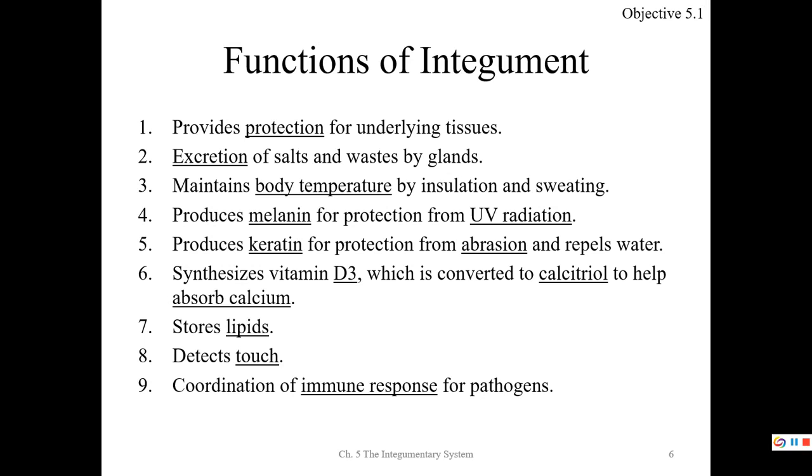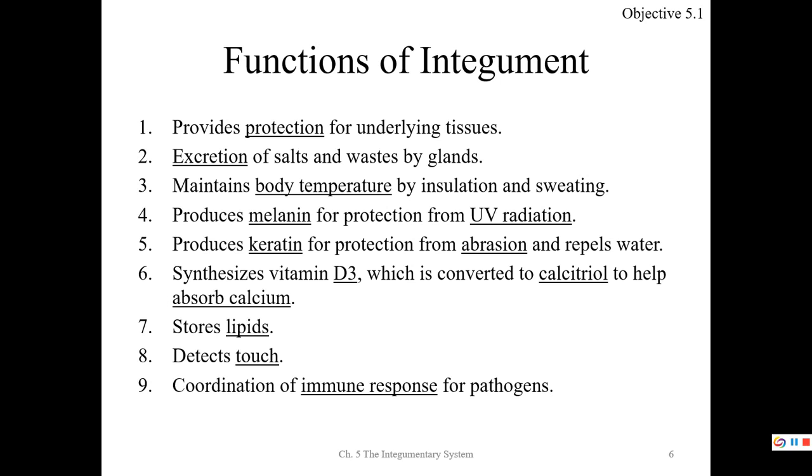So what does it do? Well, there's a few things it does. It helps provide protection for the underlying tissues. It's going to excrete salts and waste. It's going to maintain body temperature by either insulation or sweating, so that fat can insulate us and we can lose body heat by sweating. We produce melanin that helps protect from UV radiation.